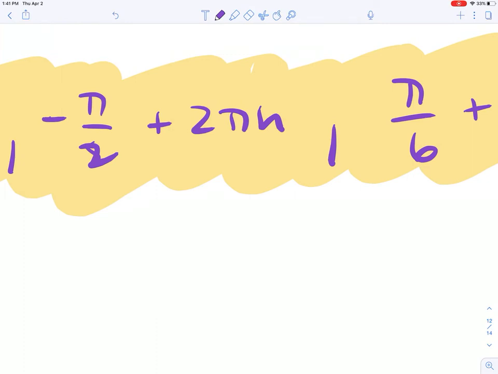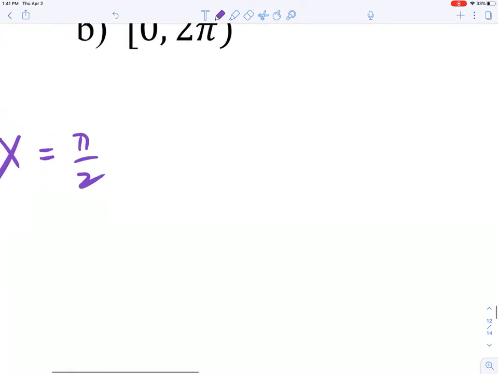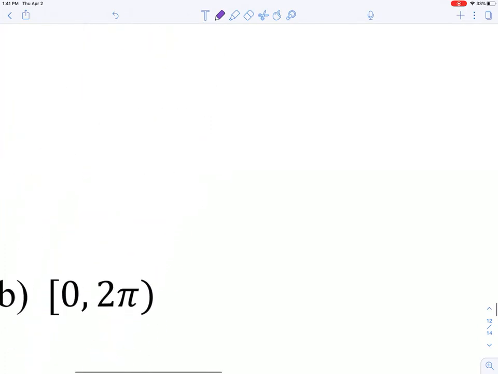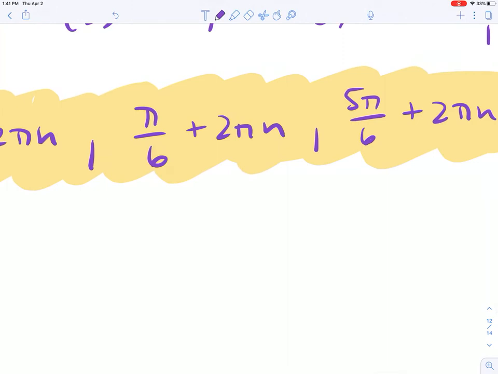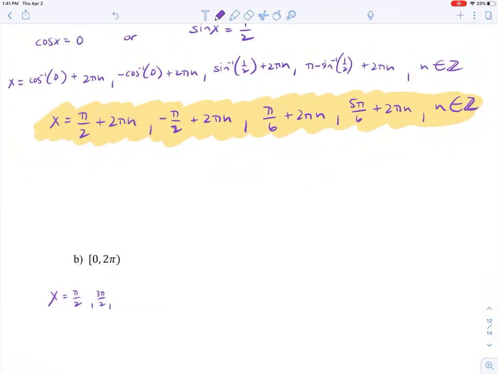If n is equal to 0, negative pi over 2 is outside of the interval, but if n is equal to 1, negative pi over 2 plus 2 pi is 3 pi over 2. Okay, and if n were equal to 2, that would be outside of the interval.